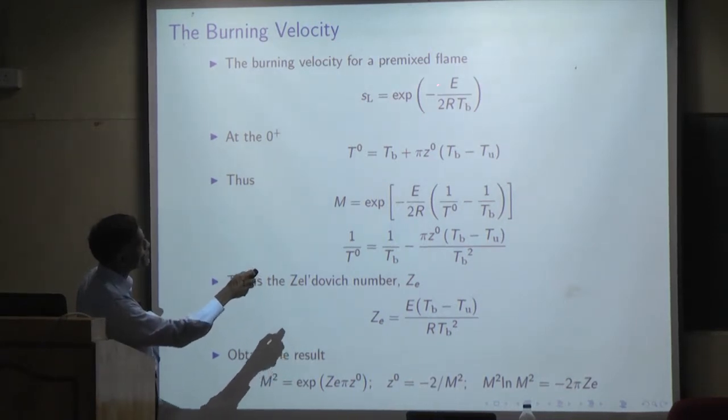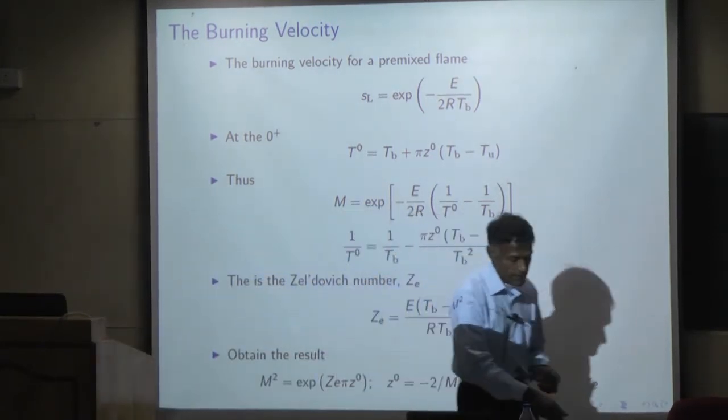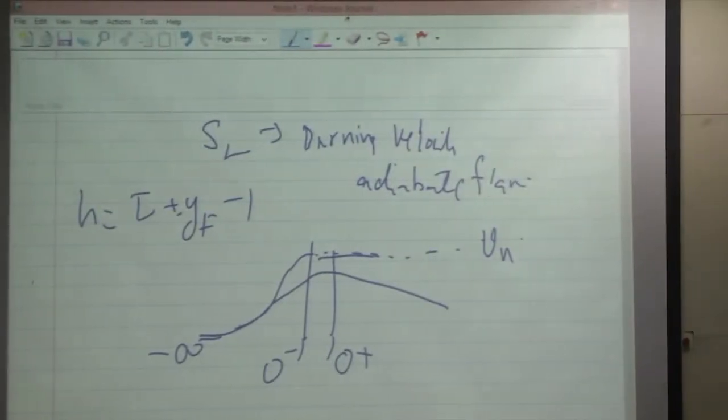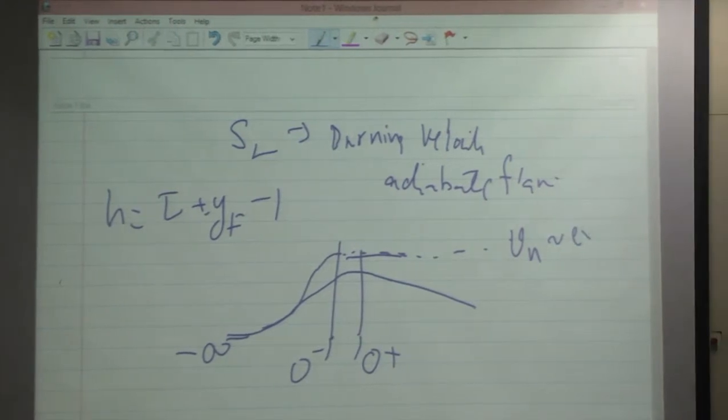Similarly, we view this as the burning velocity for the flame with heat losses, and we can expect that to be exponential of minus E over 2R T naught, where TB is that temperature, and T naught is the temperature over there.